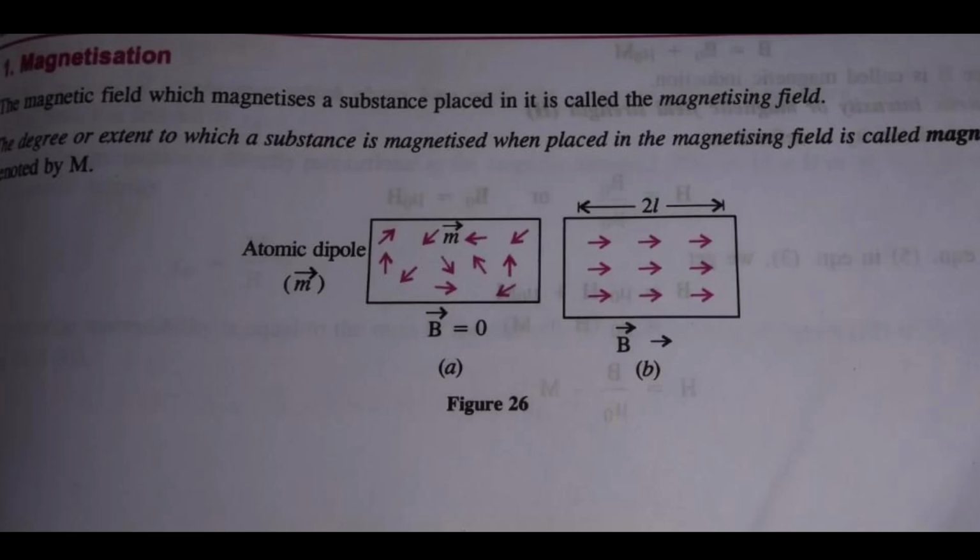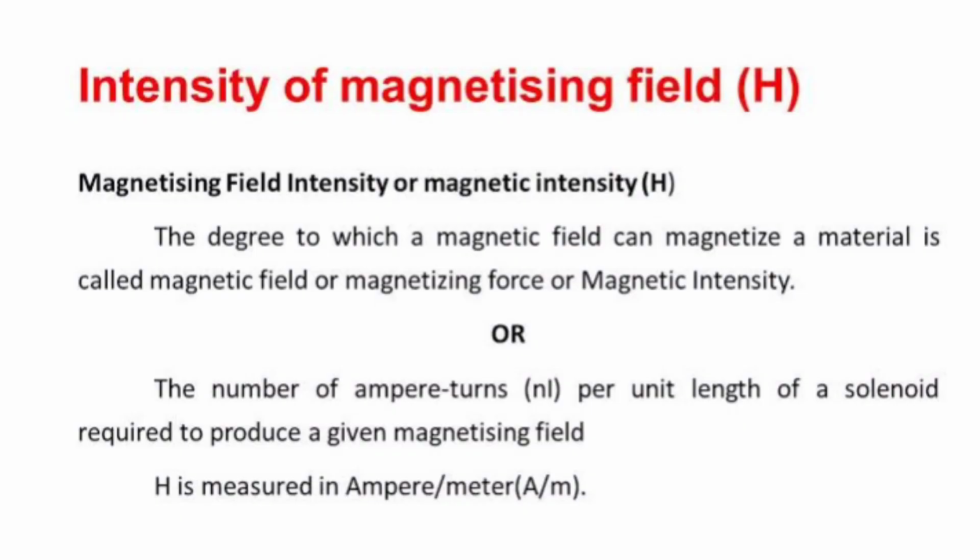Here are a few terms which we must understand in order to understand magnetism and its effects. The first term is magnetization. Magnetization is the degree or extent to which a substance is magnetized when placed in a magnetic field. The next term is the intensity of magnetizing field, which is indicated by the symbol capital H. It represents the degree to which a magnetic field can magnetize a material, and it is also known by other names like magnetic intensity, magnetizing force, or magnetic field.